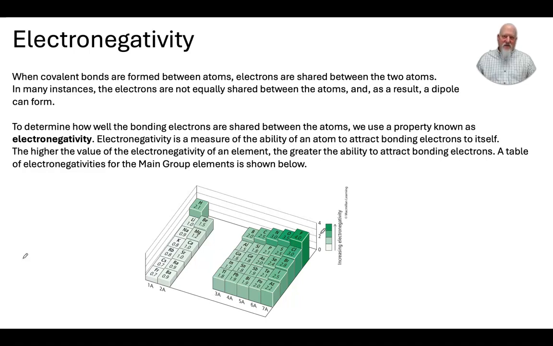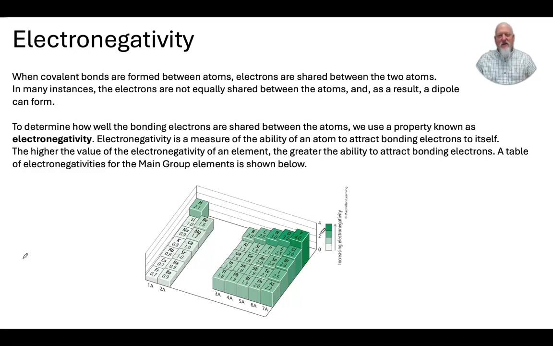And this isn't surprising, because we know when ions form, the nonmetal atoms form anions, which are negative ions, which means they gain electrons, and the metal atoms make cations, they lose electrons.